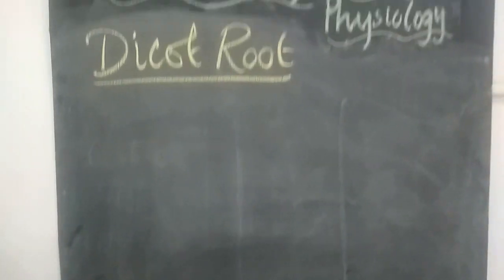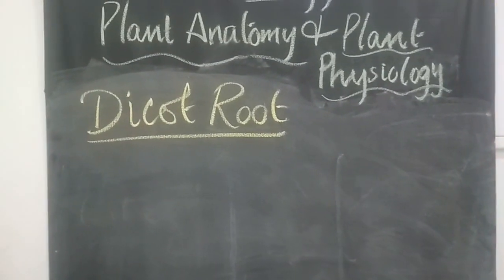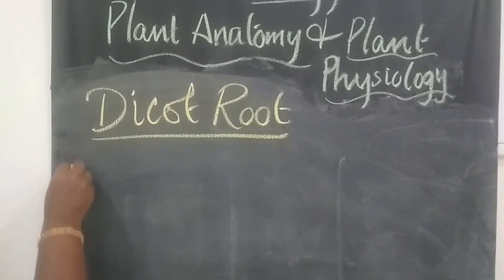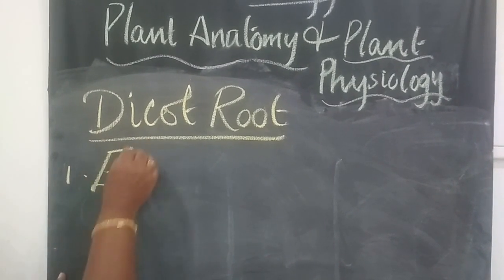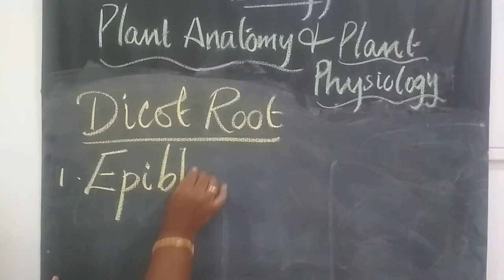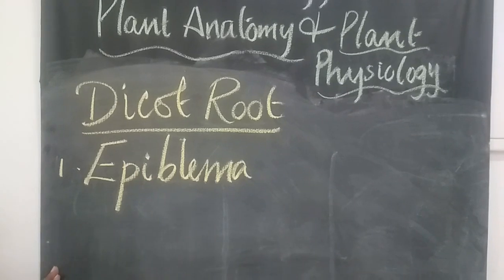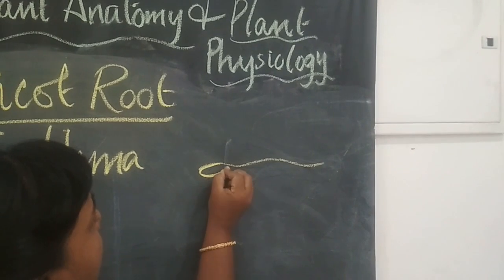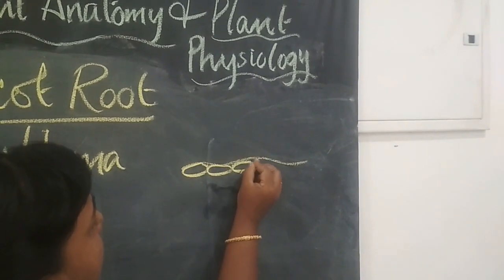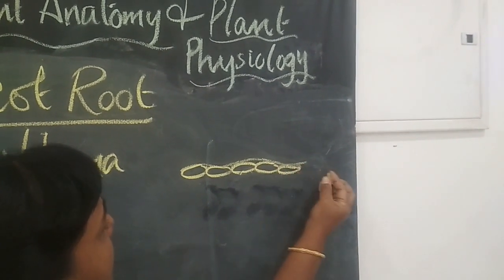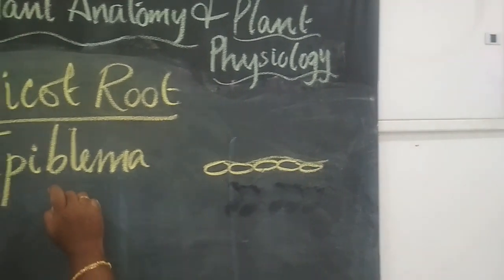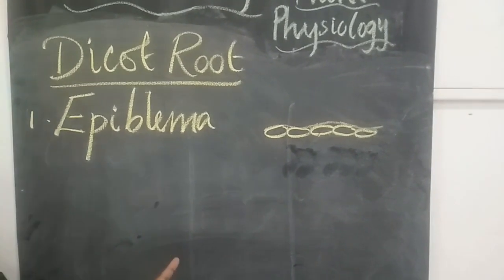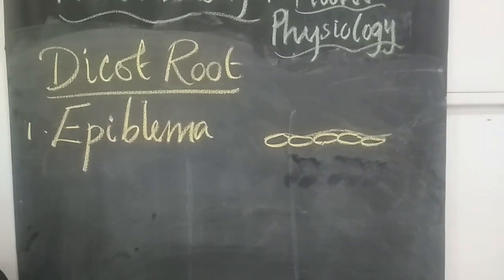So first coming to dicot root. When you are taking the internal structure of this dicot root, the outermost layer is called epiblemma. This epiblemma is also called rhizodermis or piliferous layer.